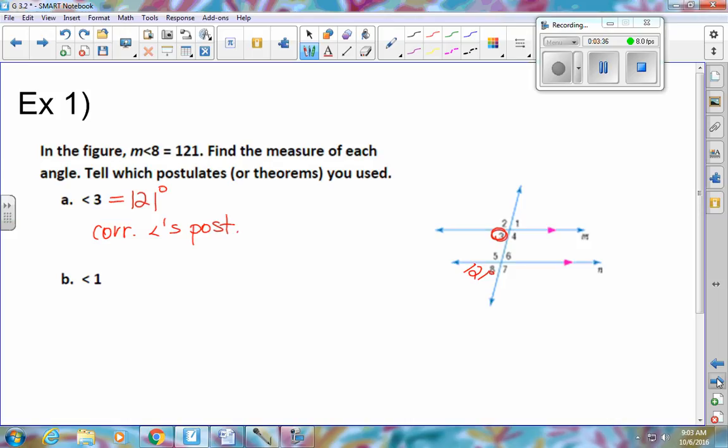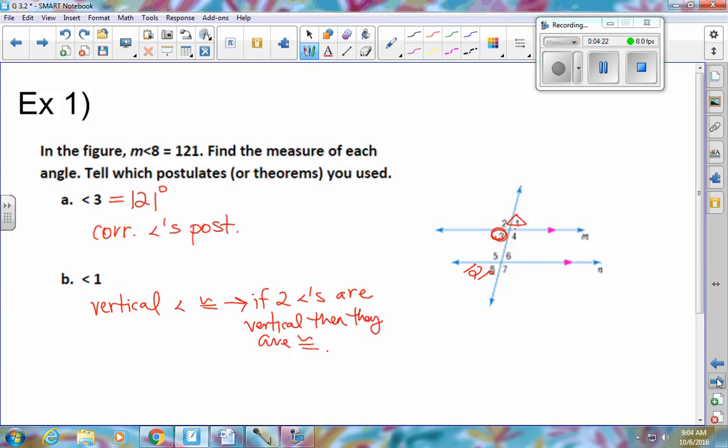Okay, now the next one, we're looking at angle 1, right up there. Now, 1 and 8 are alternate exterior angles, but we haven't learned anything about those yet. So we want to think back to the last few chapters, and angle 1 is actually a certain kind of pair with angle 3, and that would be vertical angles. So by using the vertical angle theorem, this tells us if two angles are vertical, then they are congruent.